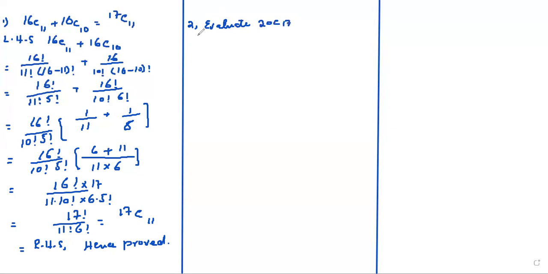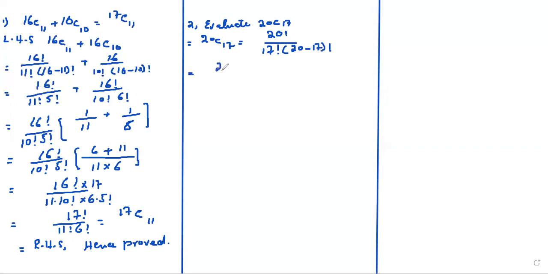By using the formula, 20C17 equals 20 factorial divided by 17 factorial and 20 minus 17, that is 3 factorial.